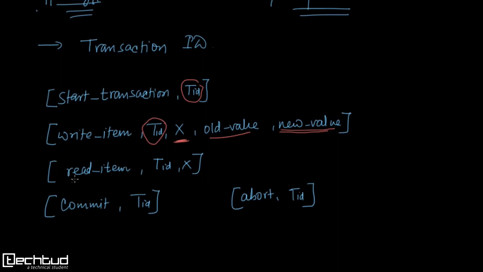Now this is read item. This transaction TID reads a database item X. When the transaction is done, it has to be committed, so this record says the transaction has been committed.